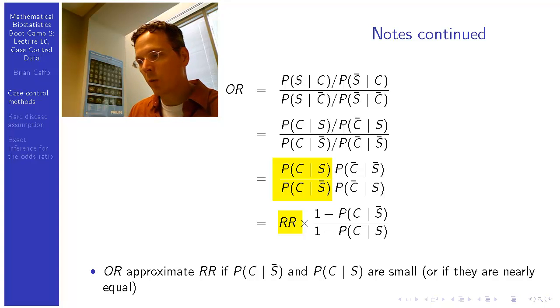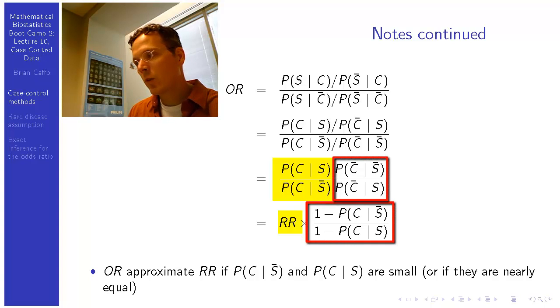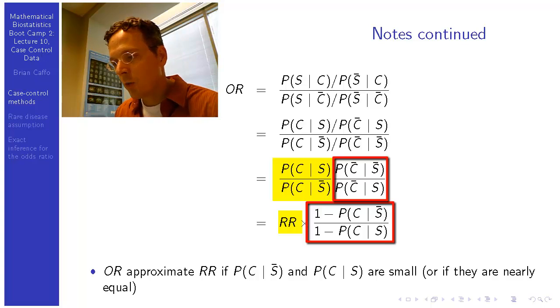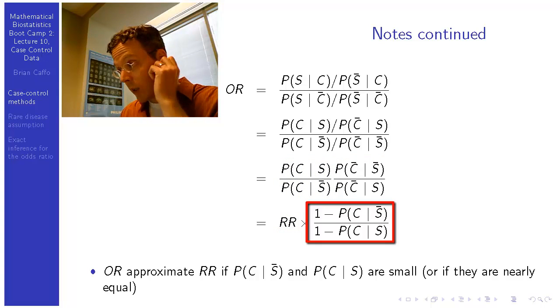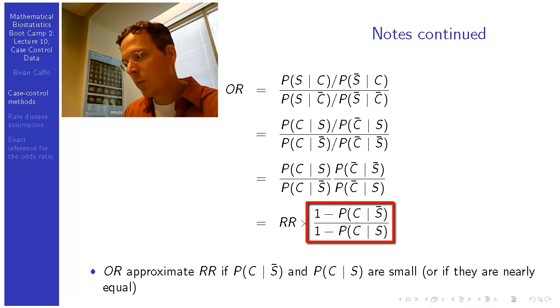That's the relative risk, the ratio of the two probabilities. And then that's multiplied times these things, which I wrote with respect to case status, so it's just 1 minus each of the probabilities. And what you can see is if this ratio that we're multiplying the relative risk times is about 1, then the odds ratio is approximating the relative risk.